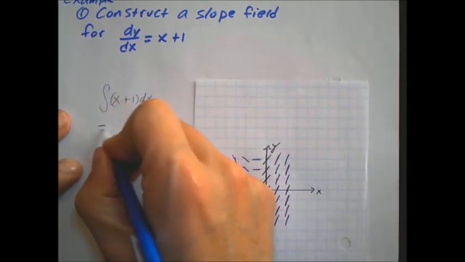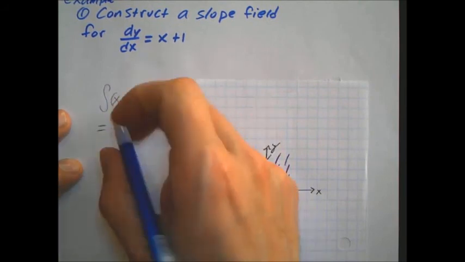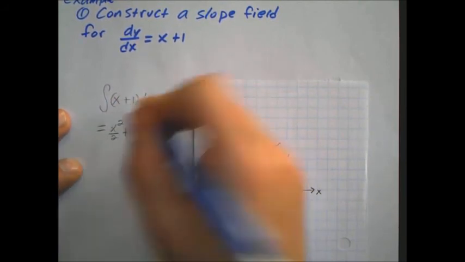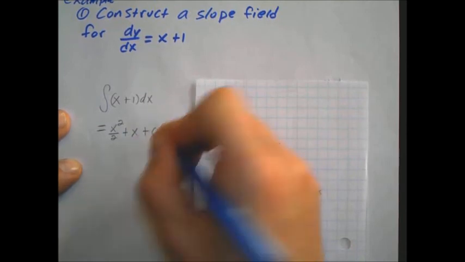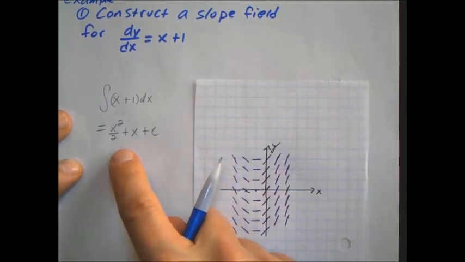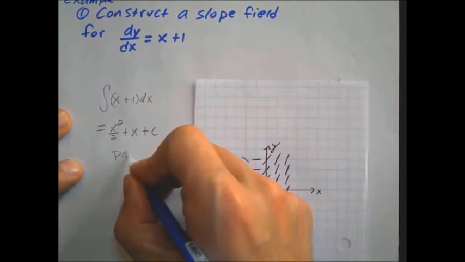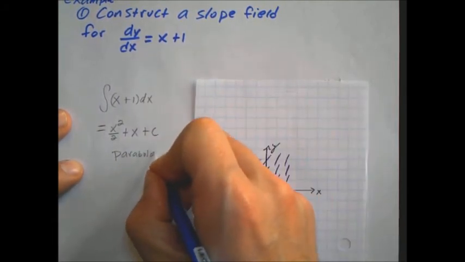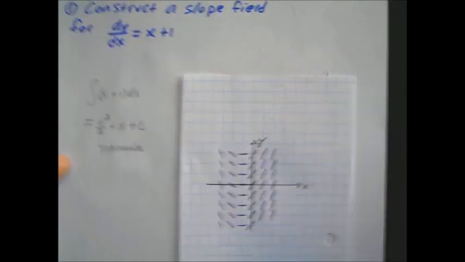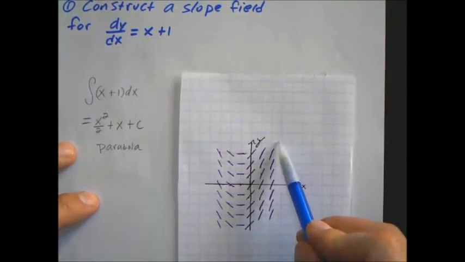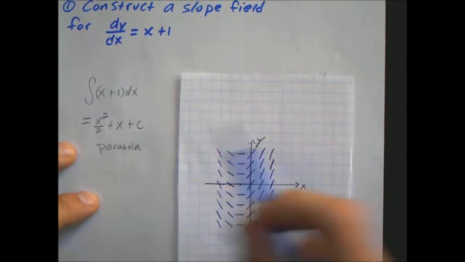If I take an integral of this, it's going to be x squared over 2. Power rule on 1 is just going to be x plus c. So x squared over 2 plus x plus c, graphically we should know this as a parabola. You can see that the slope field is in fact the shape of a parabola, and the c-value determines the height of where you draw your parabola.